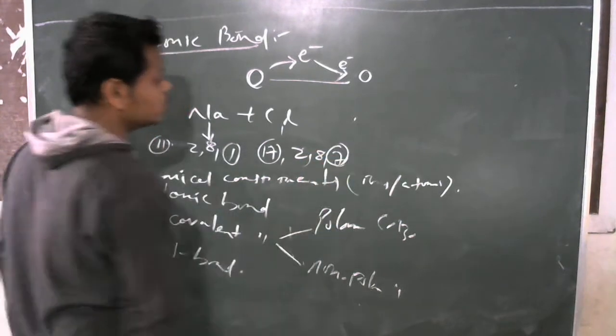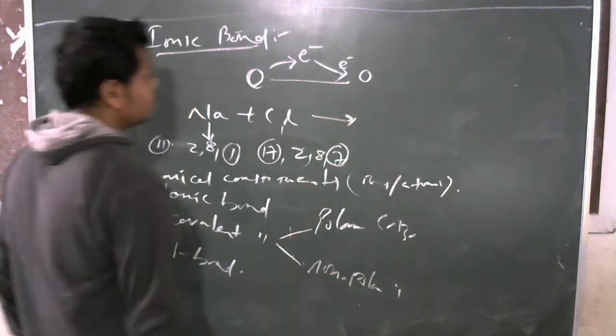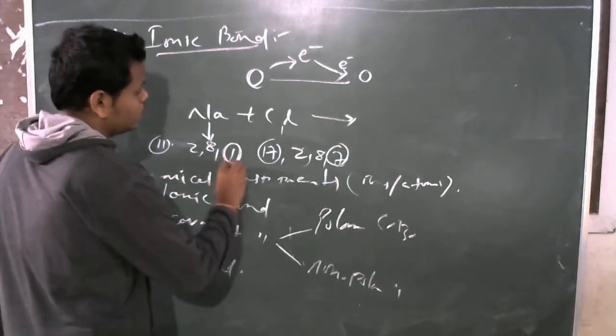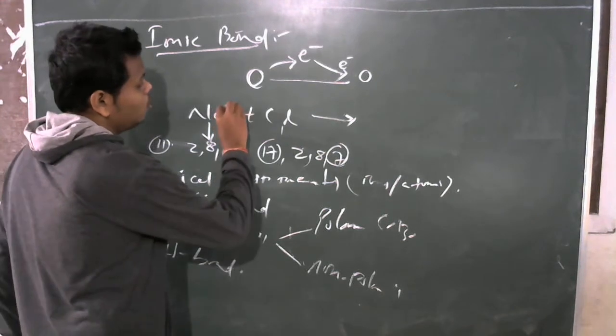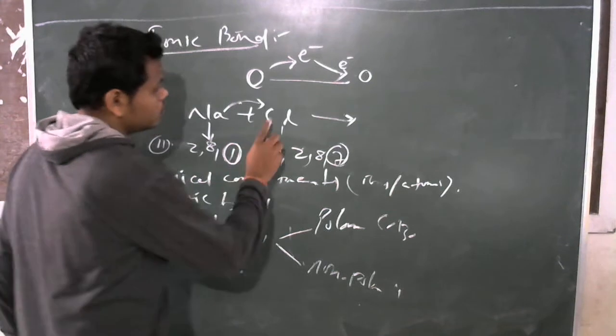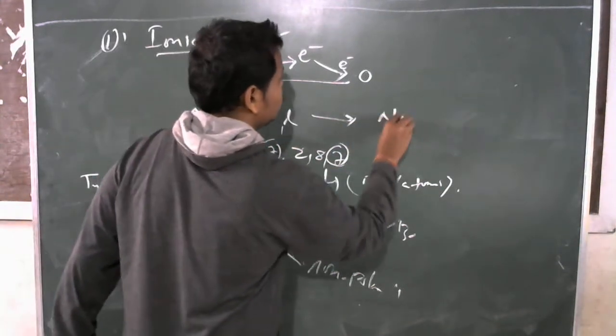In the outermost shell, 7 electrons are present. When they react with each other, the outermost electron of sodium is lost and enters or merges with the chlorine ion. So the bond will be like this.